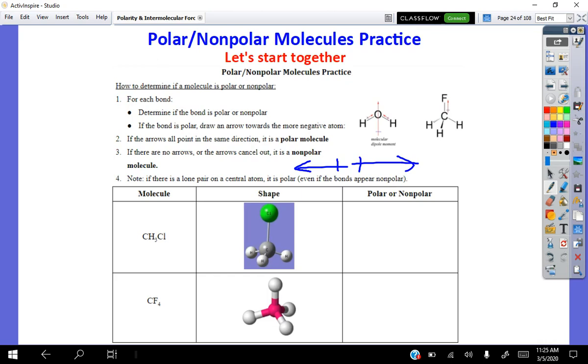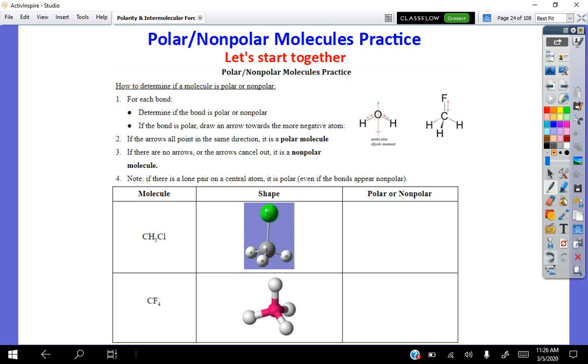When we're using bond dipoles, you're able to see clearly that there's a shift of the electrons towards one particular side of the molecule. So if you see a symmetry argument in other resources, that's certainly okay to do, but that kind of puts it in a categorical box rather than actually thinking about what's happening with the electrons in my molecule. So using bond dipoles is a better way to do that.